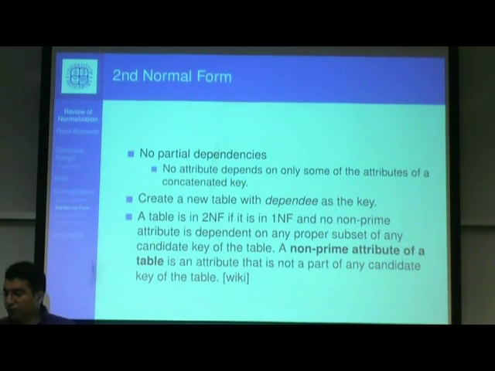So in the second normal form, we are resolving partial dependencies. What does it mean? The attributes that are not dependent on the whole primary key should be removed.